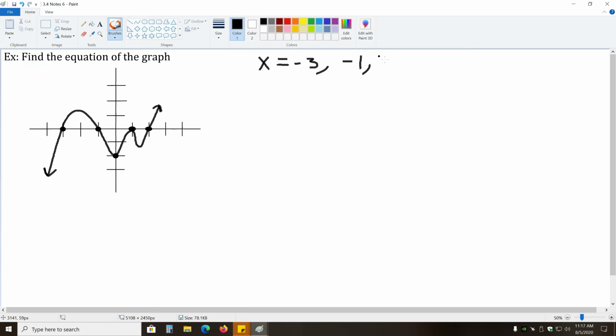Here at x equals 1. And here at x equals 2. So we need to write all of these with their multiplicities. Remember, the multiplicity is very important. That'll tell us the exponent for each of these x-intercepts.